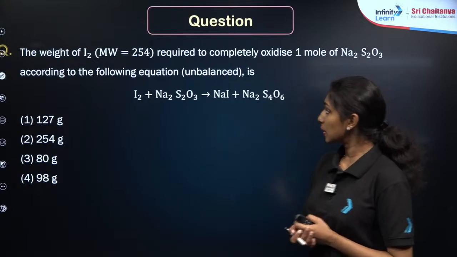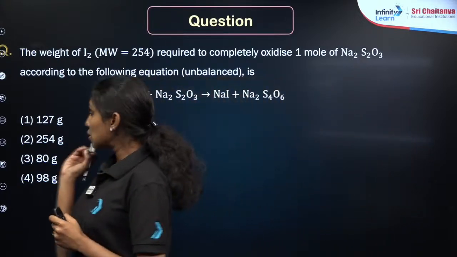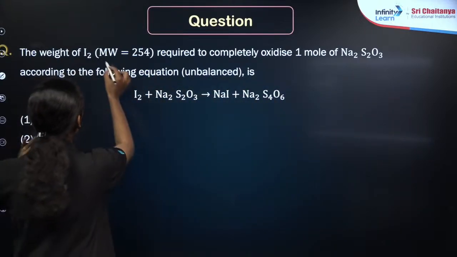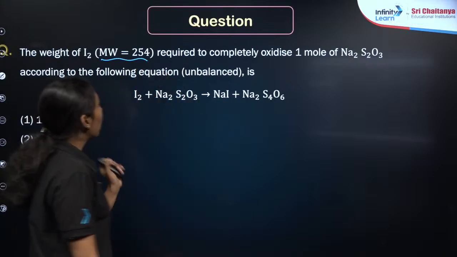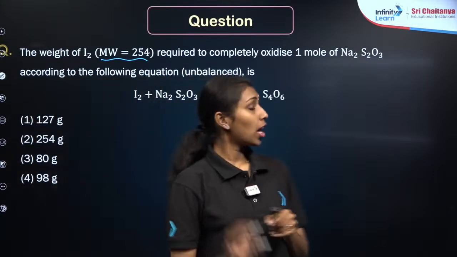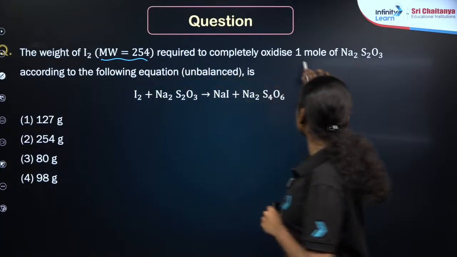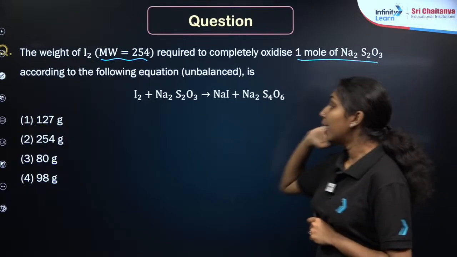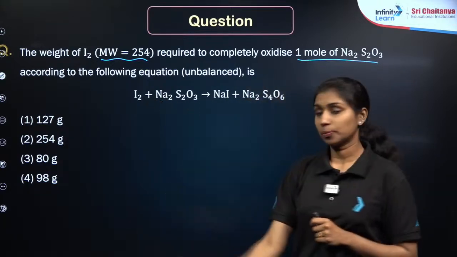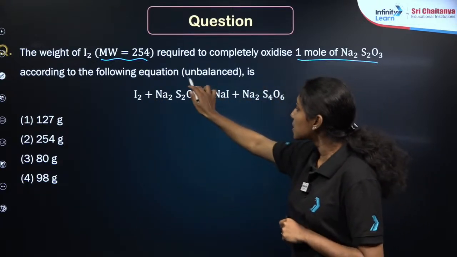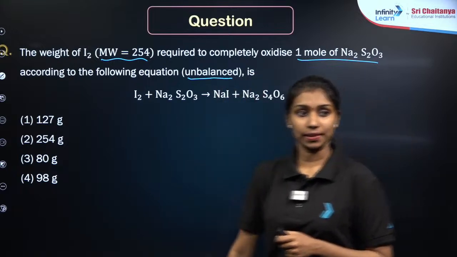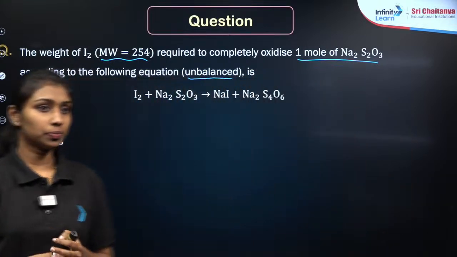Now here is the next question for you. The weight of iodine, whose molecular weight is already given as 254, required to completely oxidize 1 mole of sodium thiosulfate, Na2S2O3, according to the following equation. It is mentioned that this equation is unbalanced. What will be the answer?